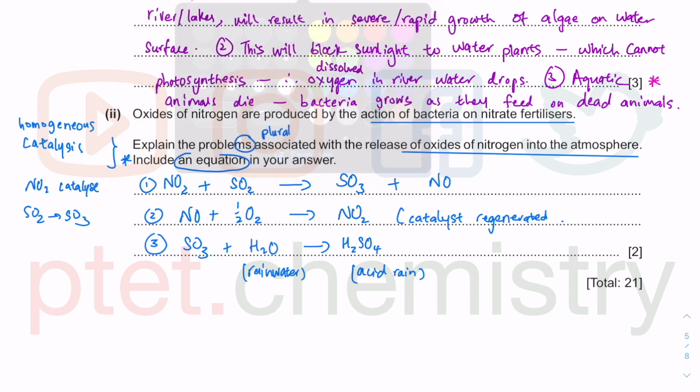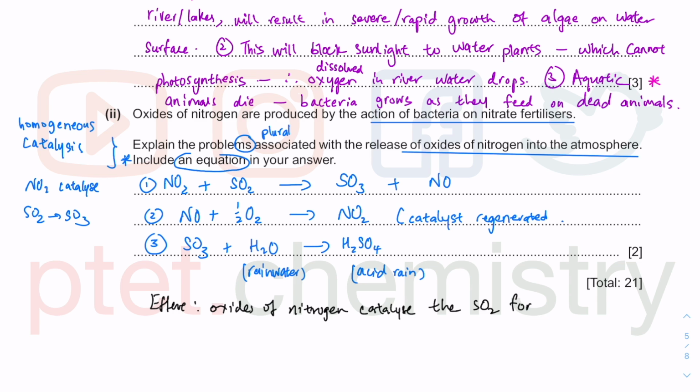Well, the effect is that the oxides of nitrogen can catalyze SO2 forming SO3, and the SO3 can form acid rain.